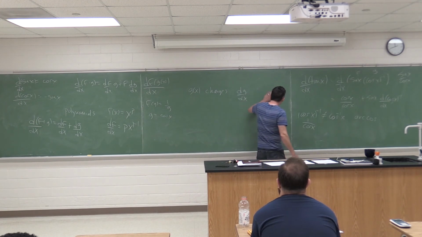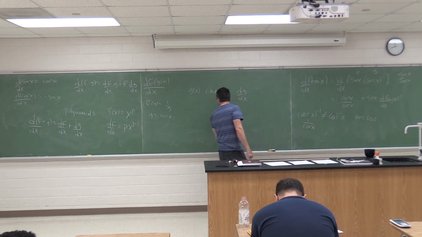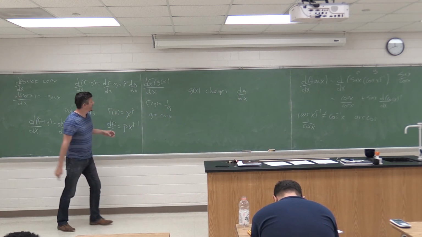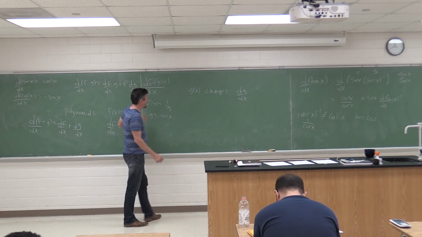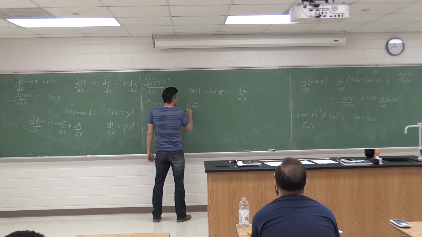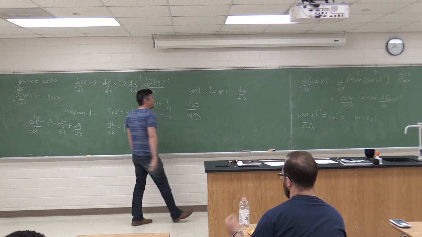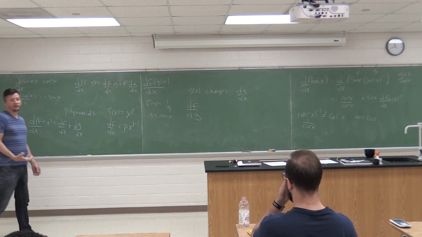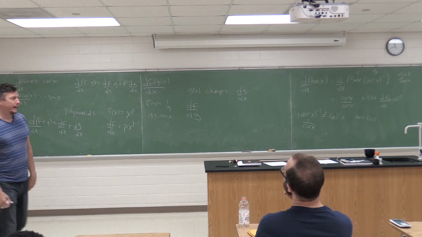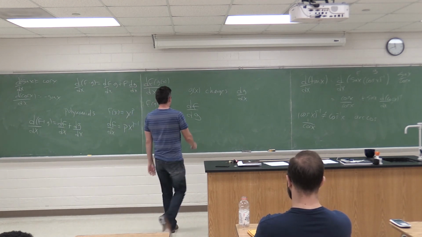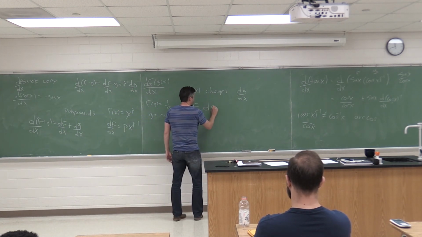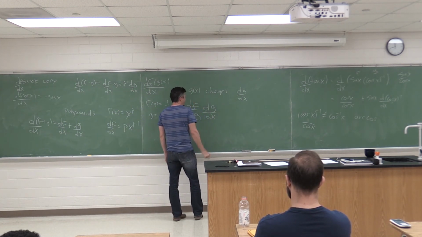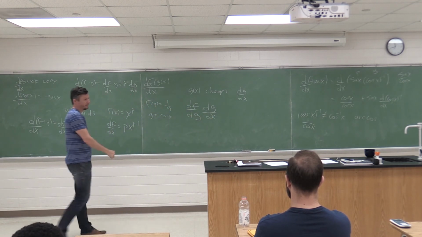So what's going to happen as I vary this whole thing is I can change f. So f will have a change with respect to g: as g changes, f changes. But then also, as I change x, g is going to change.